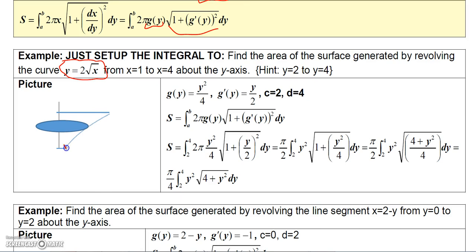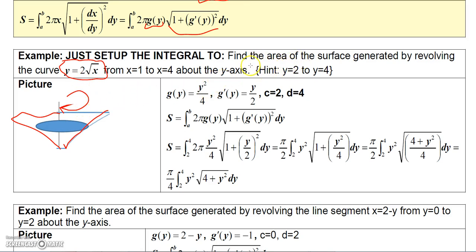Here's the curve, and I'm going to revolve that curve around the y-axis, and it's going to give me something shaped like this. It's going to be circular, kind of cone shaped, maybe an upside down bell or something like that.